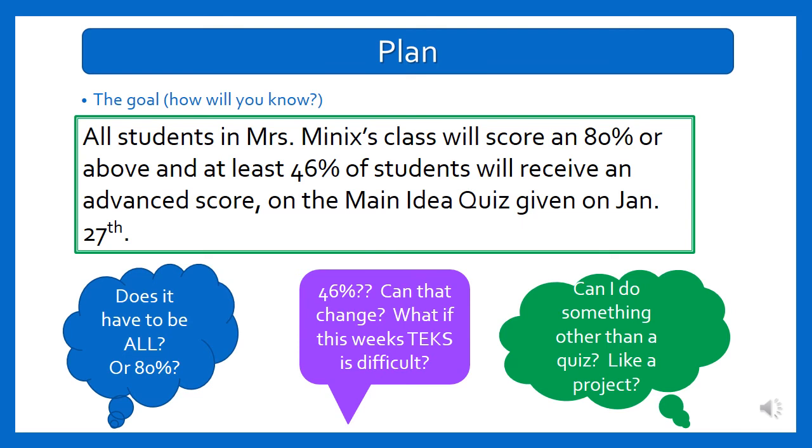The percentage is going to change as well. Sometimes it's a difficult standard. So think about that. And then you can always do something other than a quiz. It does not have to be paper pencil. It can be a project. This is completely up to you. It's all about letting your kids know what the goal is and how you're grading them on that standard.